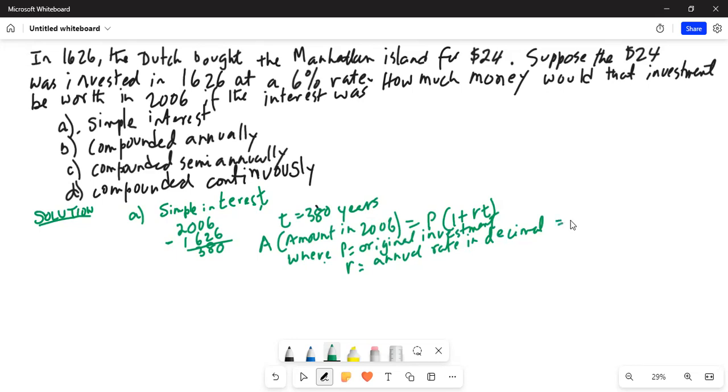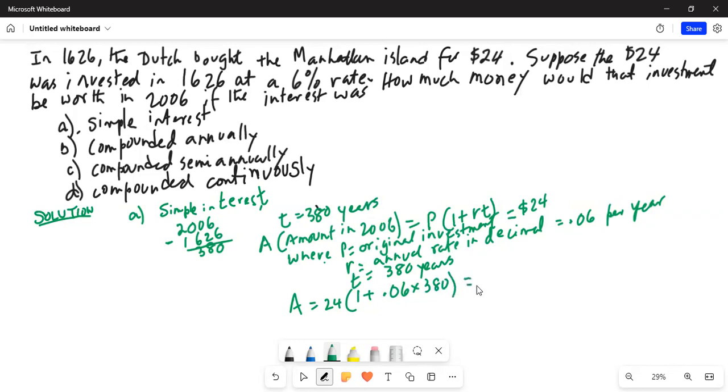So it is 0.06 per year. And T is equal to 380 years. Also, P, the original investment, is $24. So the amount is equal to 24 multiplied by 1 plus 0.06 times T, 380 years.